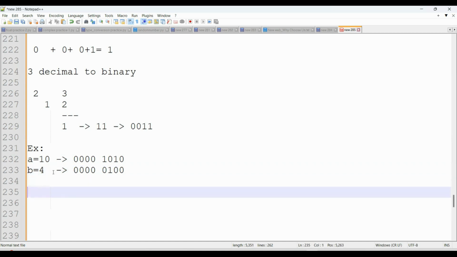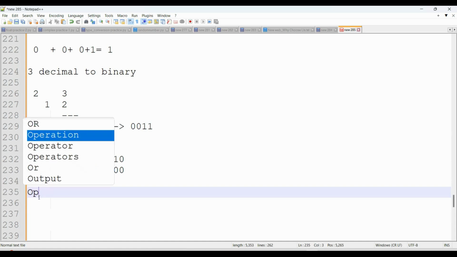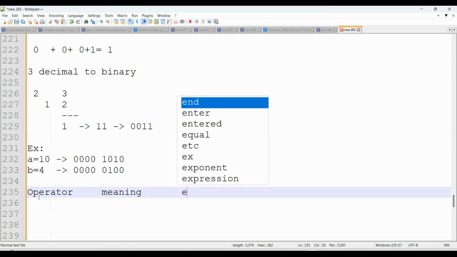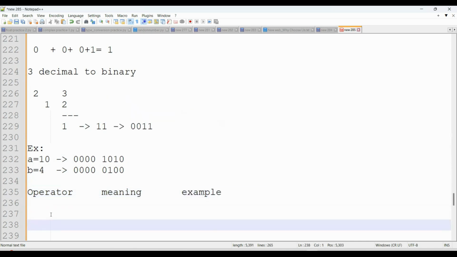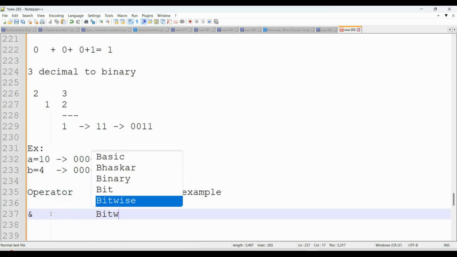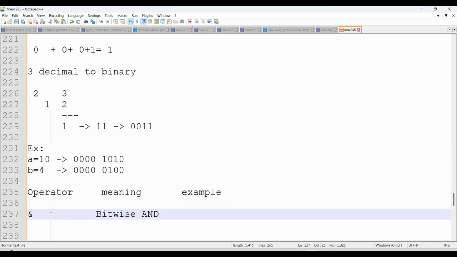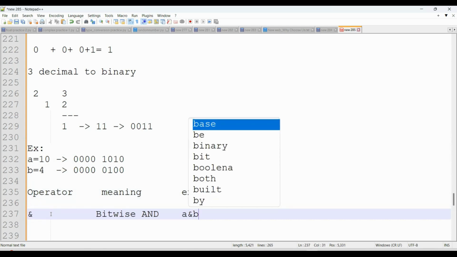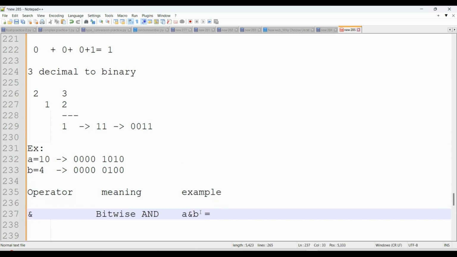So now if you prepare a table of operators, meaning examples. Bitwise AND, this is the symbol. We call it bitwise AND. Now a bitwise AND b will become, bitwise AND means bit by bit we need to multiply.